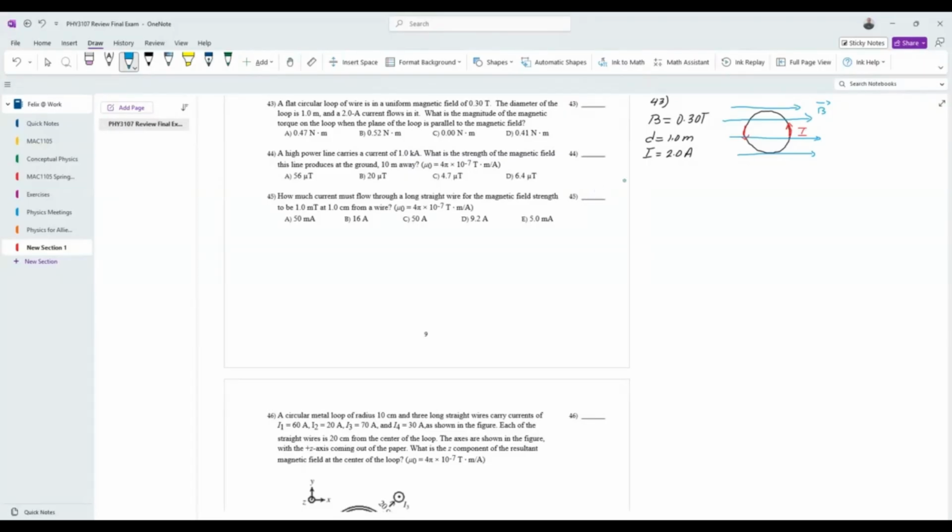So the magnetic field is parallel to the plane of the loop. You know? So if you make a side view of this, you will see the loop here. For example, if I look at this from below, I will see the magnetic field like this.